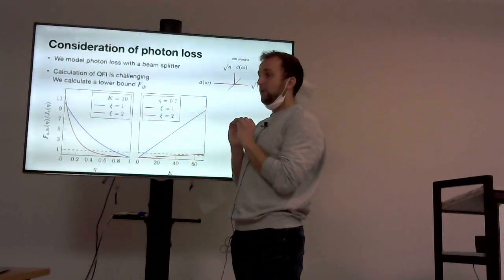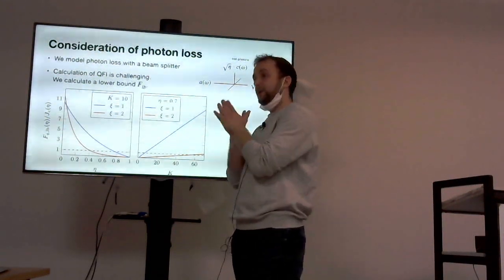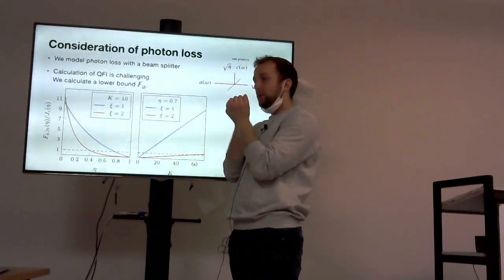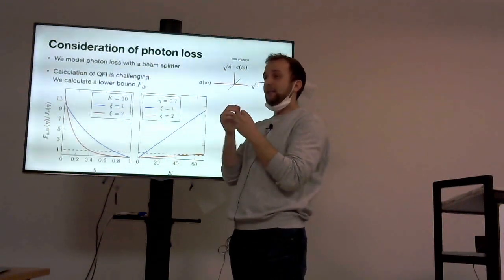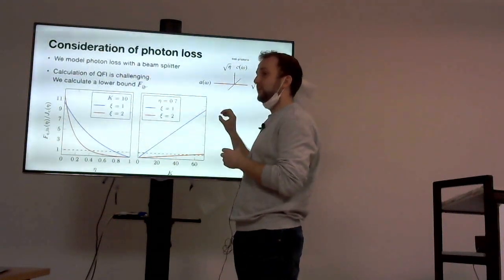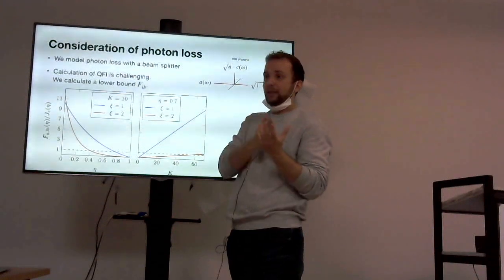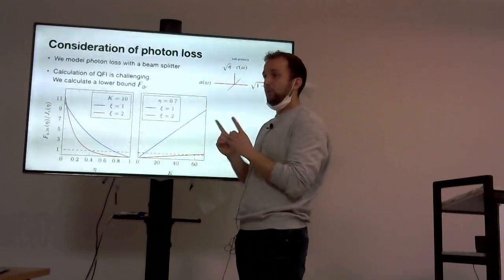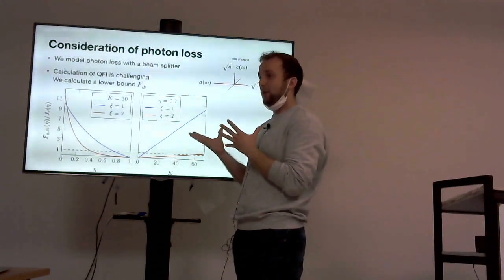The lower bound only considers measurement events where no photon has been lost, and if we only have a small number of photons, then the probability that no photon has been lost is higher than for a higher photon state. If we have 10 trillion photons, the chance that we lose at least one photon is 1, essentially.